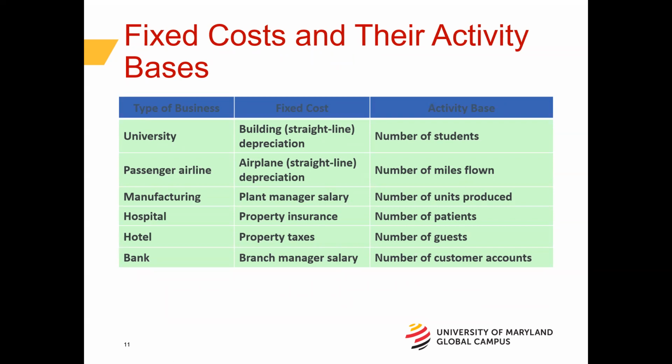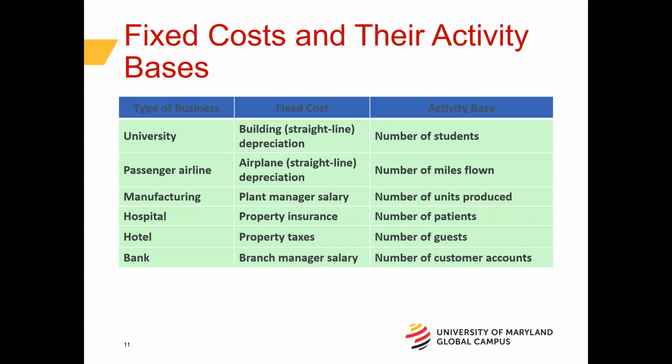Looking at it from our earlier perspective, for fixed costs, a university type business, the fixed cost would be building depreciation, and it's based off of the number of students in the building, of course. Passenger airline, the fixed cost would be the airplane itself, straight line depreciation based off of the number of miles flown.